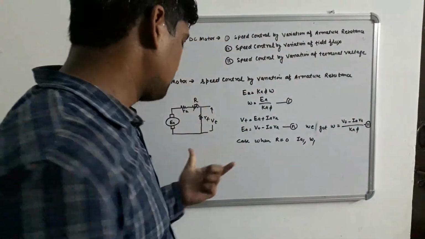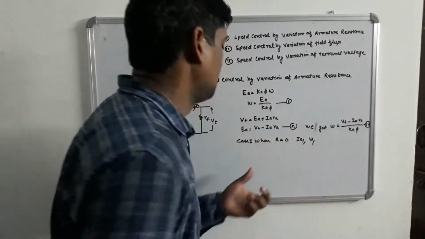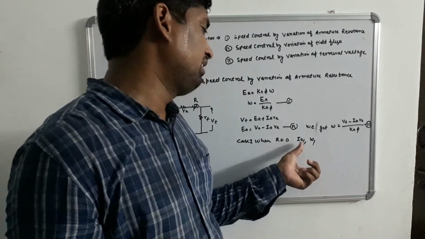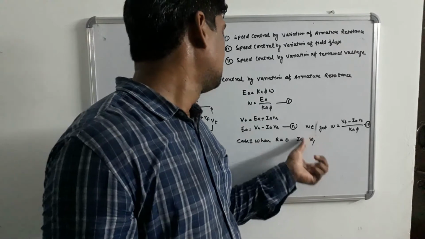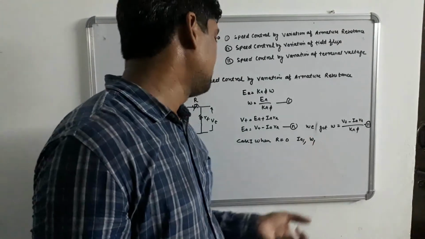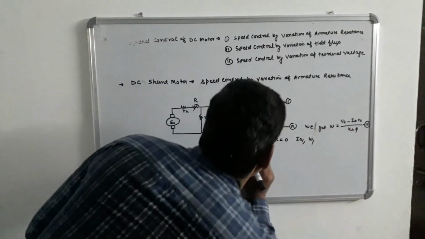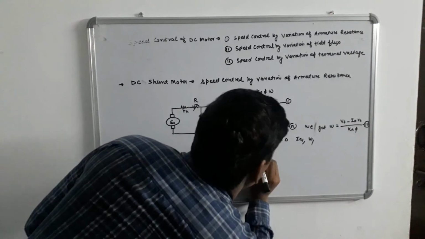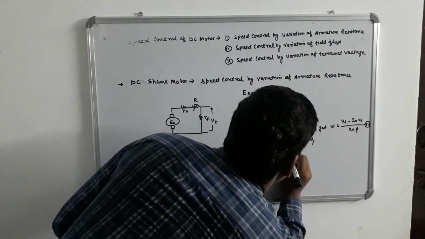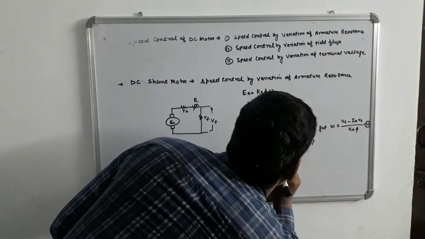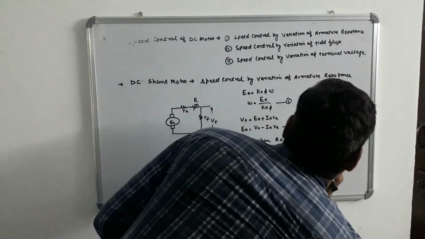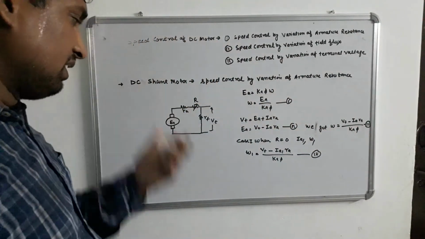Case 1: when R is equal to 0, the armature current is IA1 and the angular velocity is omega 1. Then this equation will be converted into omega 1 equal to VT minus IA1 RA divided by KA phi. This is equation number 4.